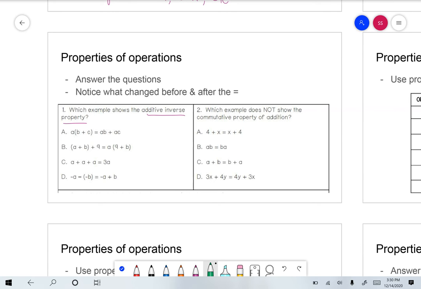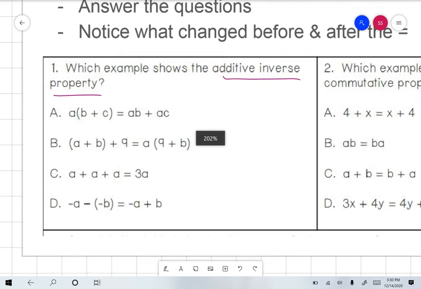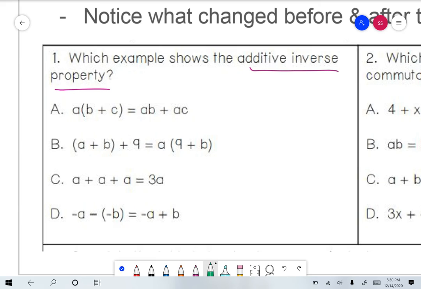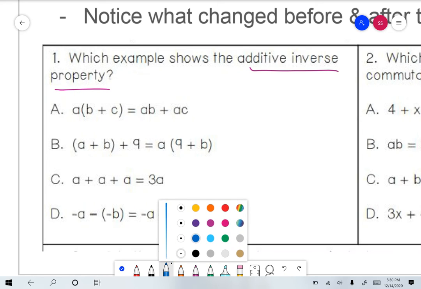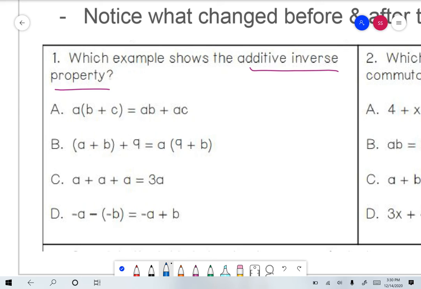So let's look at A. We have A times, remember if there's no sign there, it means times, okay? So A times B plus C. And the difference between this part of the equation and this part of the equation, notice we have an A attached to both B and C, whereas here we just have it in front of parentheses.